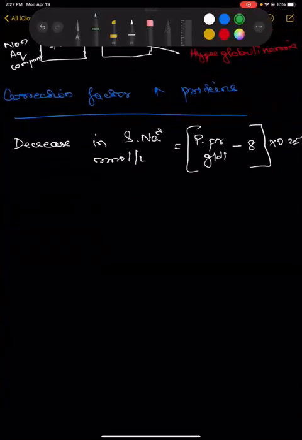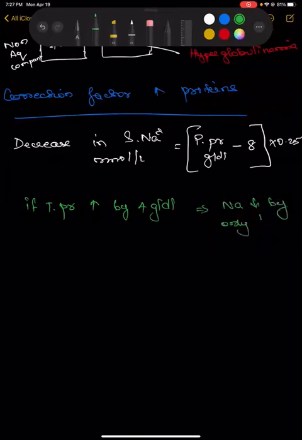So what does this mean? This means that if my total body protein level increases by 4 grams per dl, my sodium would drop by only 1 millimole per liter. So it is that insignificant.